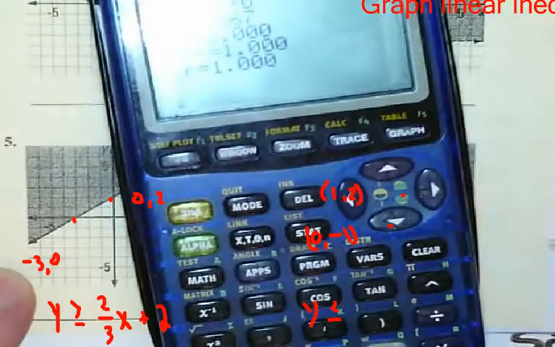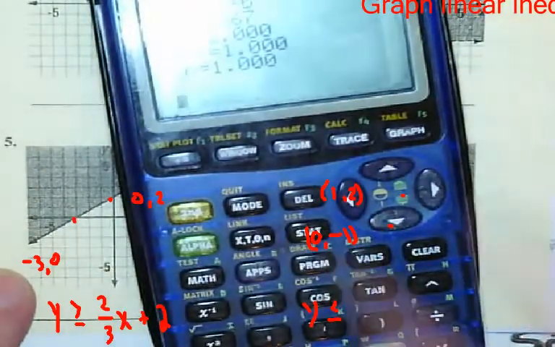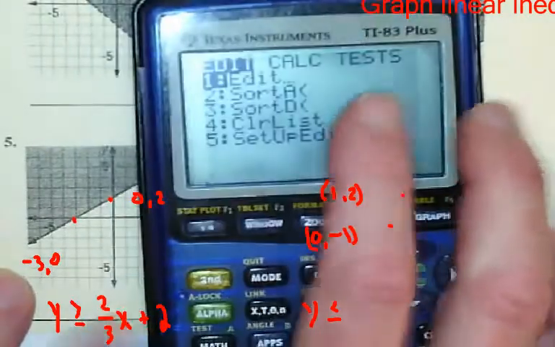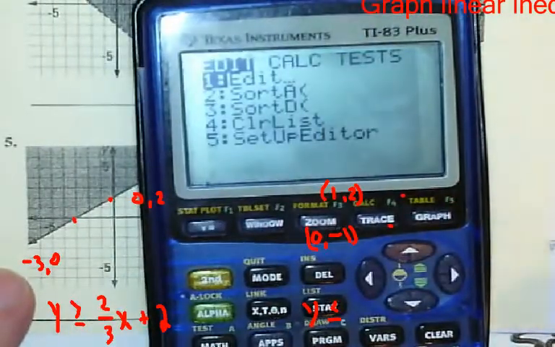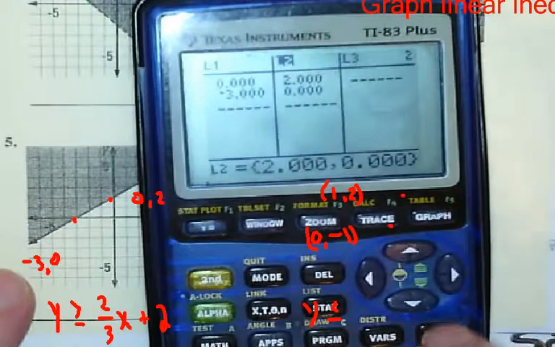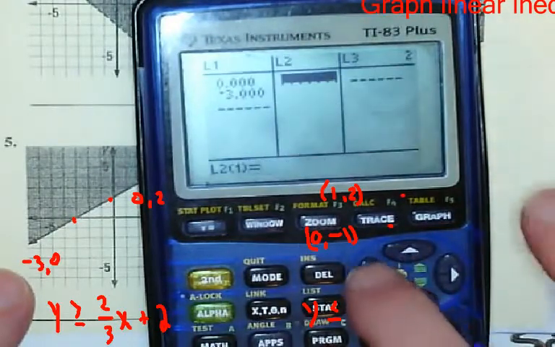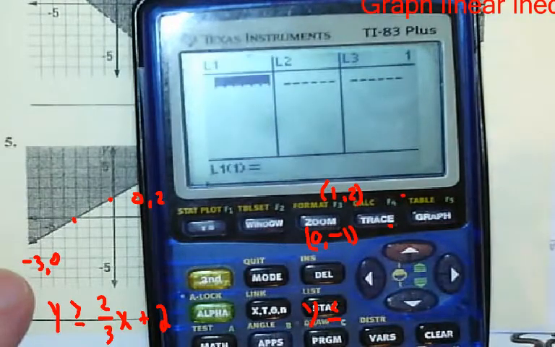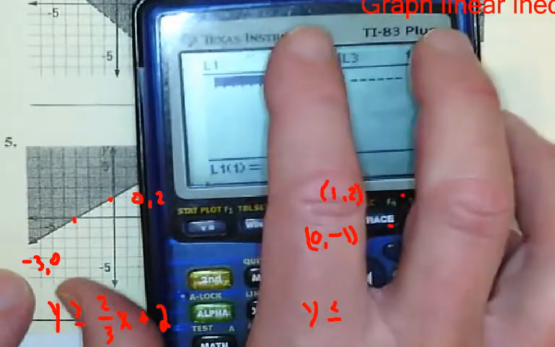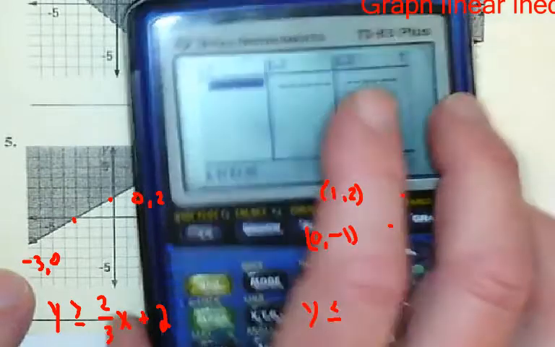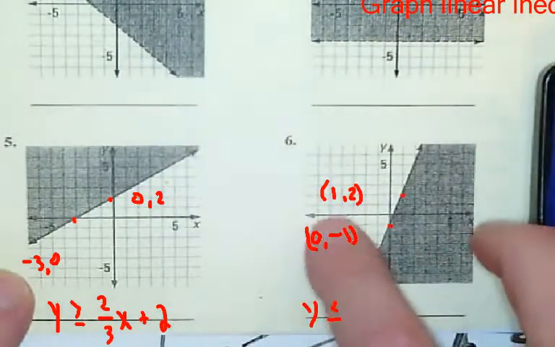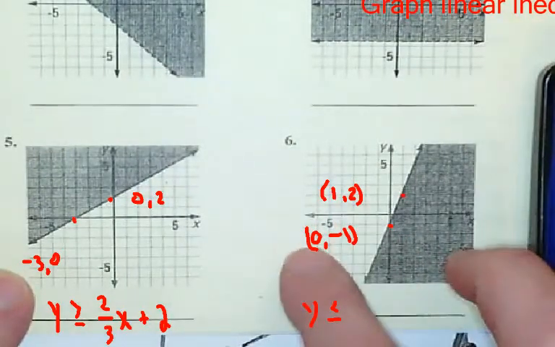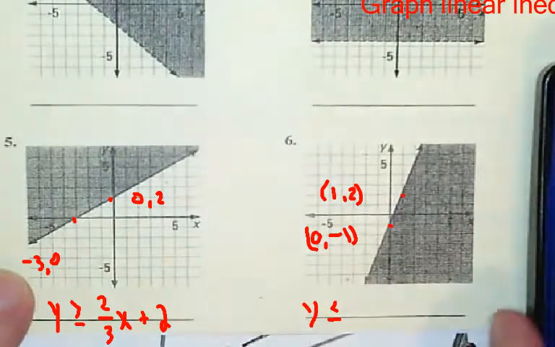Yeah, we can do this. Stat. Now we know what we're doing, right? We hit stat, we go to edit, we go up, hit clear, come down, go over, hit up, clear, down. Now we're cooking. The two points are 1, 0 and 2, -1.